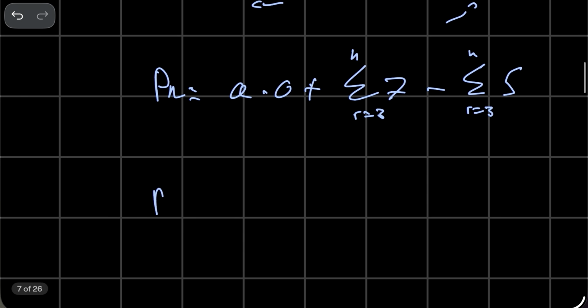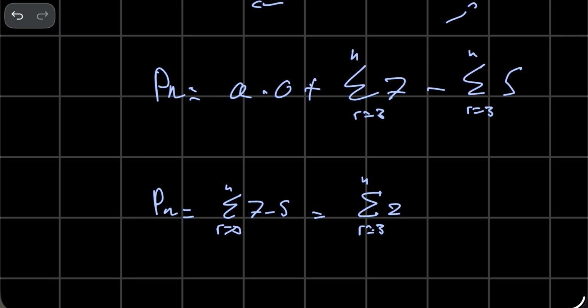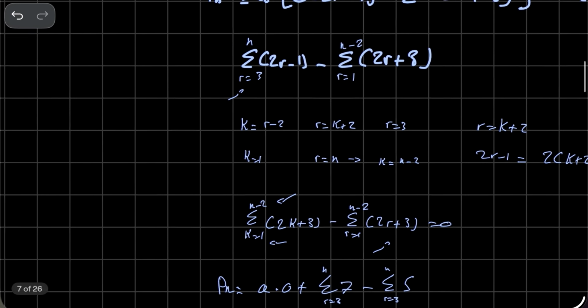Therefore, Pn equals the sigma of 7 minus 5, r equals 3 to n, or basically sigma of 2, r equals 3 to n, which is completely independent of a. Okay, we solved the first question.